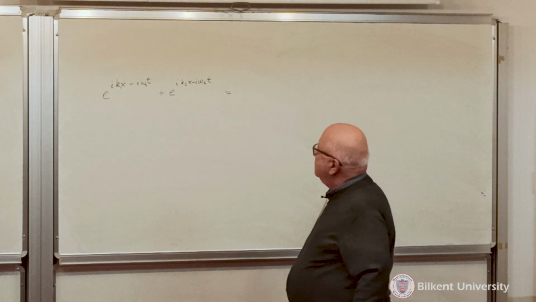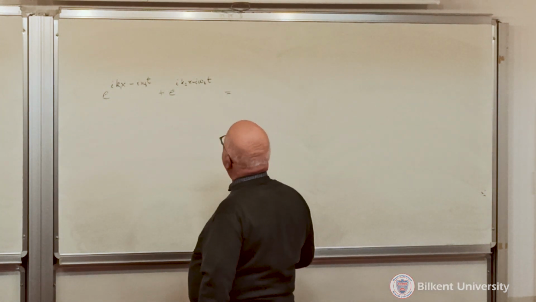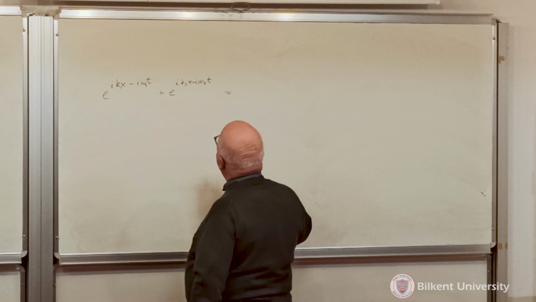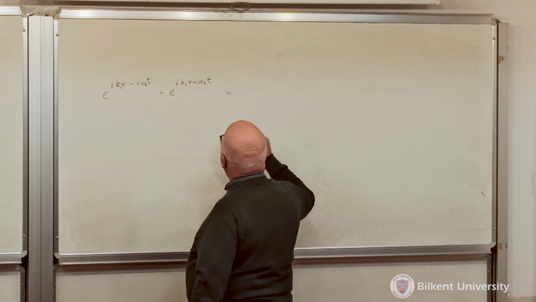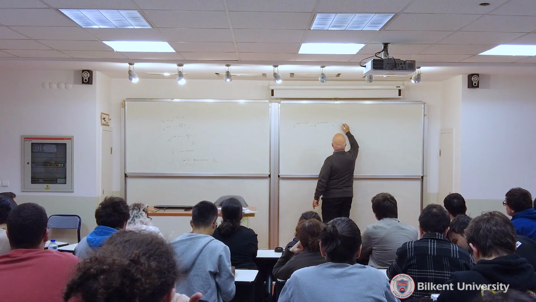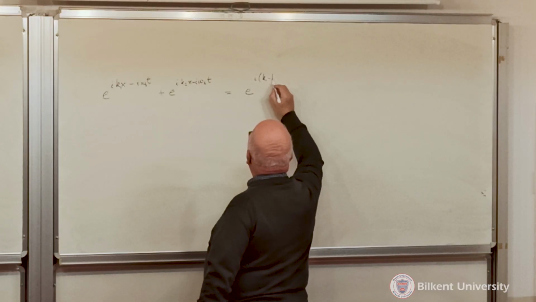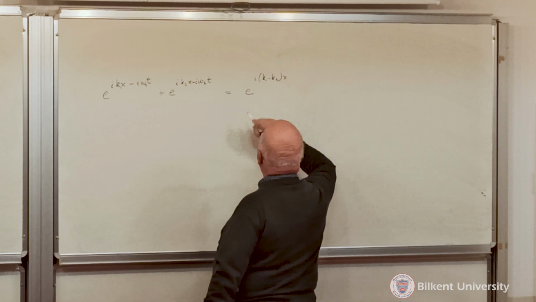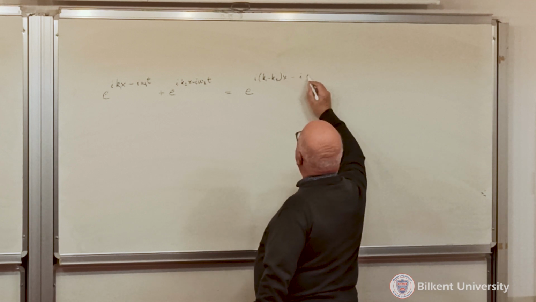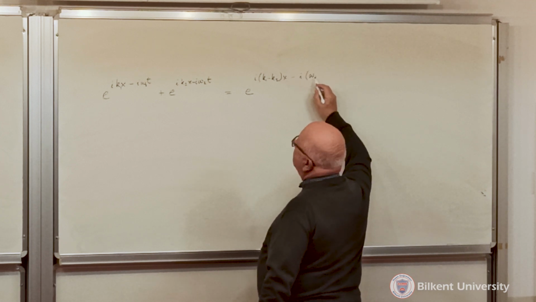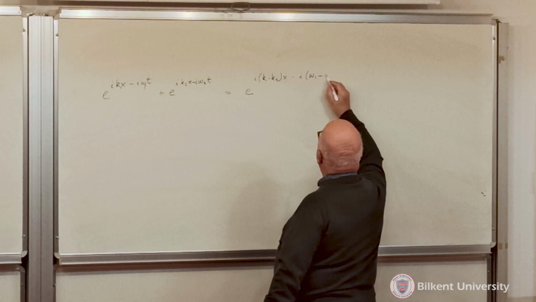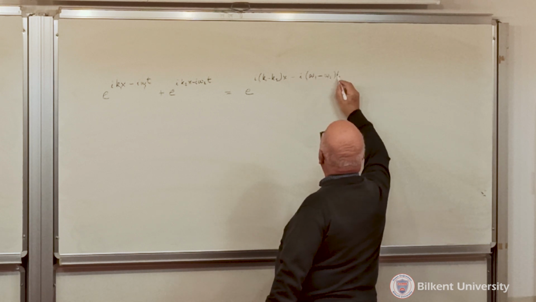So I can write this as, let me see. It's usually better to use cosines and such things here, but let me just first look at something like this: e^(i(k1 - k2)x - i(ω1 - ω2)t).